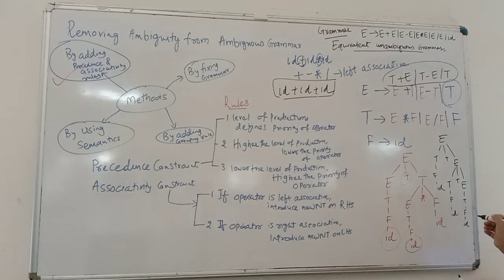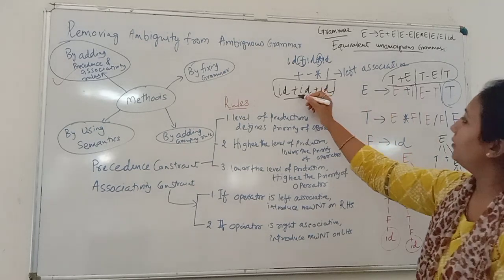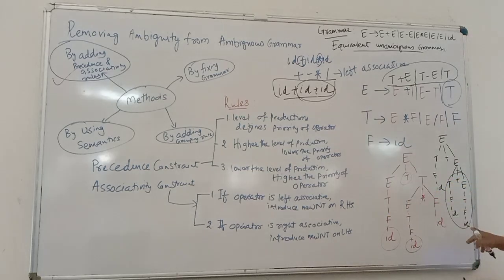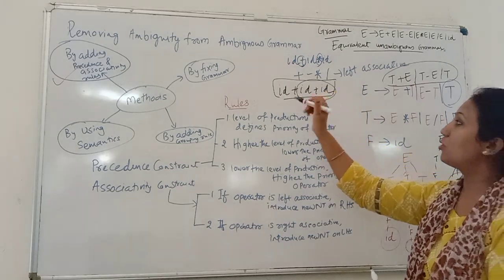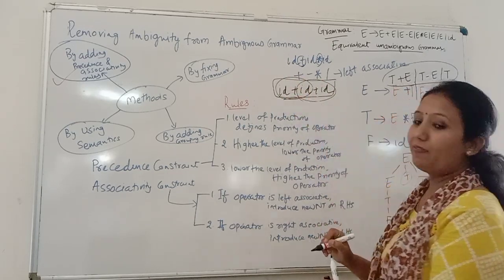So we can see over here that the right hand side ID plus ID comes at the lowest leaf node, so it would be evaluated first. And actually plus is left associative, so the left hand side of plus should be evaluated first.